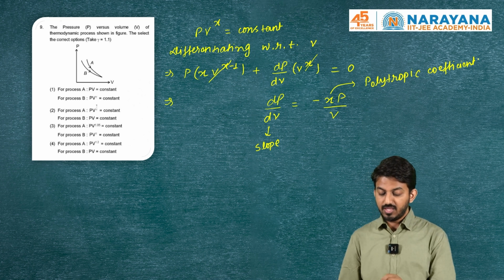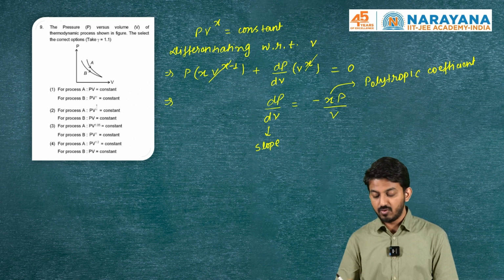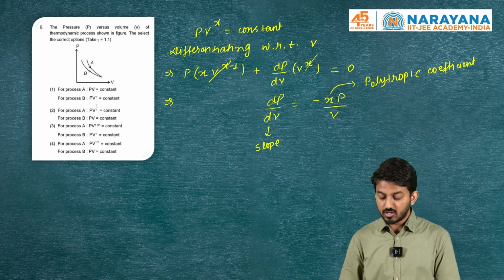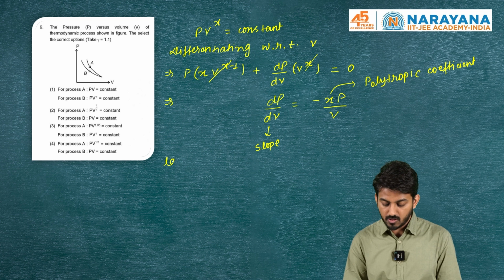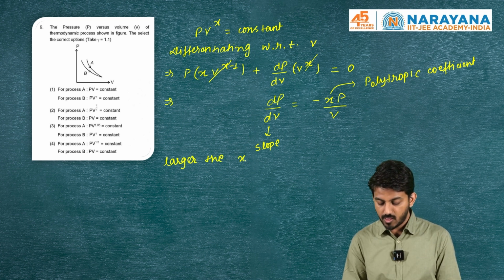All right, now you can see the slope is equal to x times p by v. So larger the x value, larger the slope, the steeper the curve. So larger the x, steeper the curve.